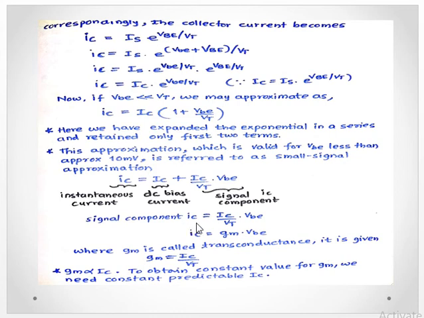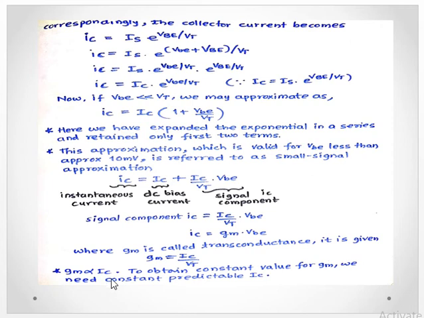The signal component is given by IC by VT times vbe. This IC by VT term is nothing but gm, the transconductance, given by gm equal to IC by VT.